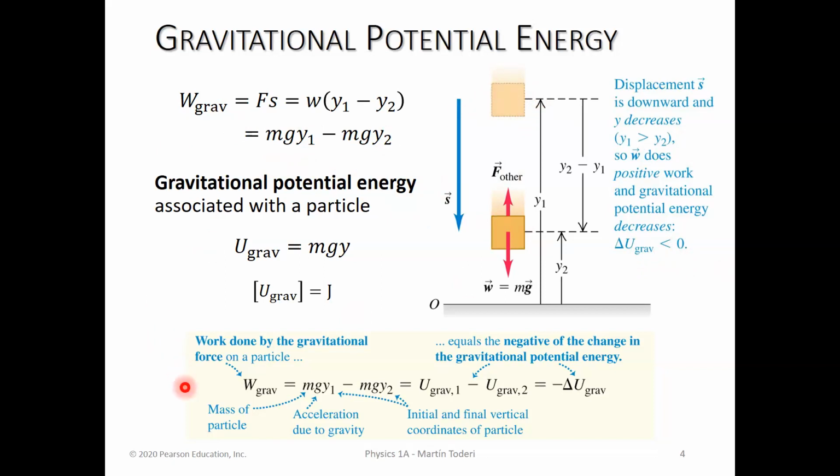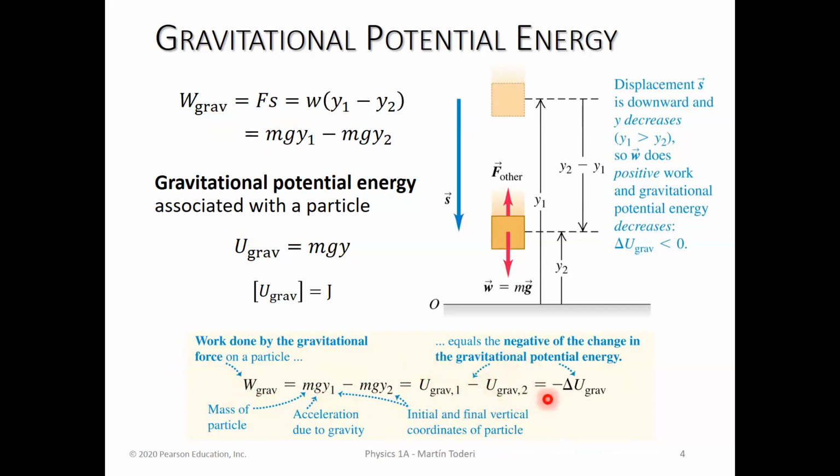And so we can make it more formal by writing the work done by the gravitational force as mgy1 minus mgy2, exactly what we wrote here. And that would be the gravitational potential energy at point 1 minus the one at point 2.